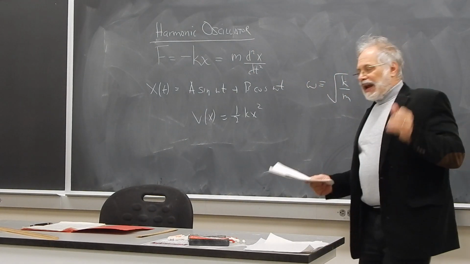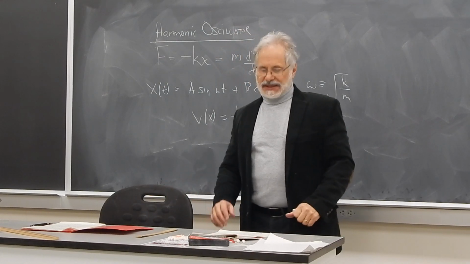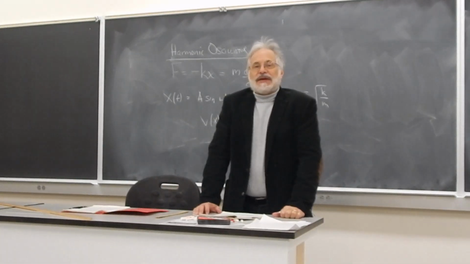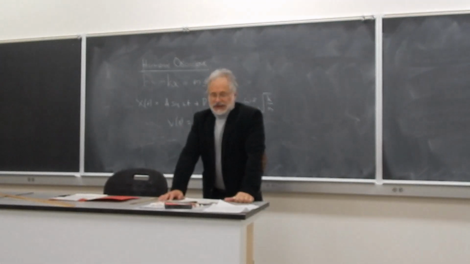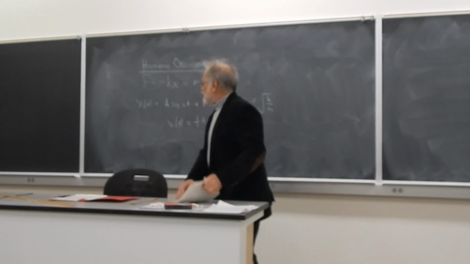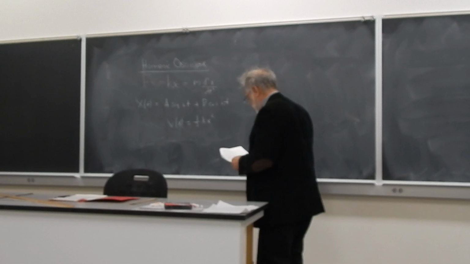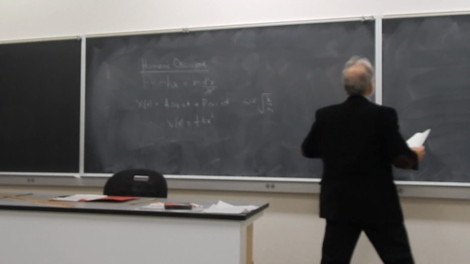Now, although an ideal harmonic oscillator doesn't exist, almost any potential is parabolic in the neighborhood of a local minimum. That is to say, as long as the oscillations are small, we can approximate that motion as harmonic. Mathematically, we can expand V of x in a Taylor series about its minimum. So let's do that.